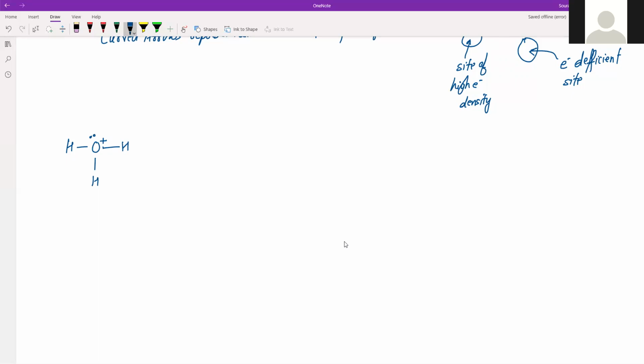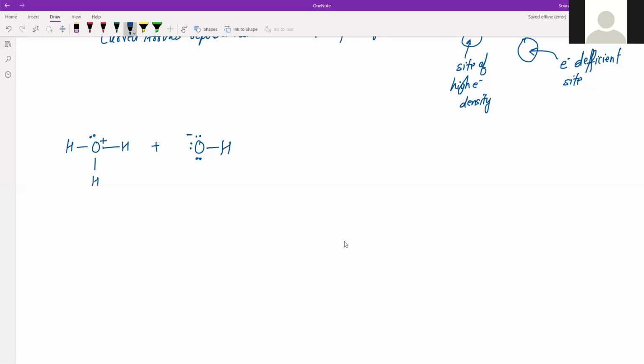So oxygen is an electron deficient area, right? And on the other hand, the second reactant is this, that is OH negative. This OH negative is actually formed by leaving something from here, right? So that has actually given its electron to this. That's why there is a negative charge on this side.